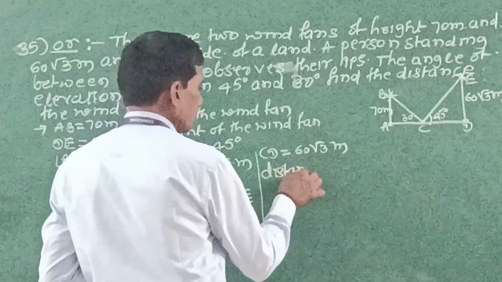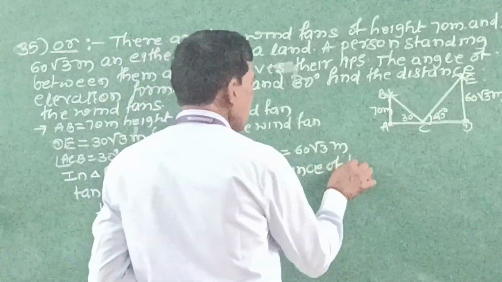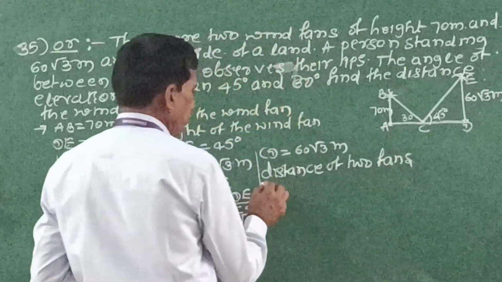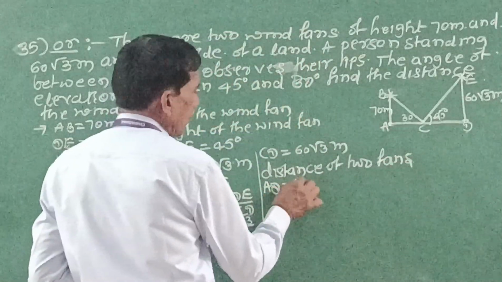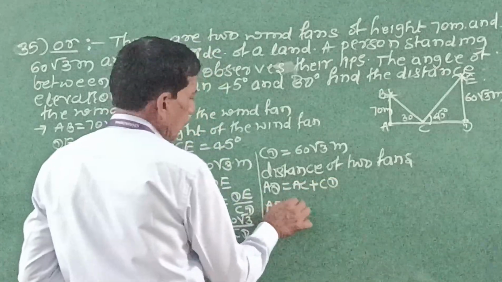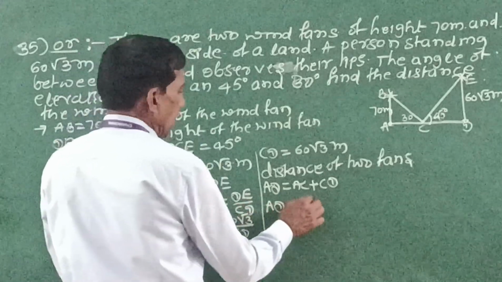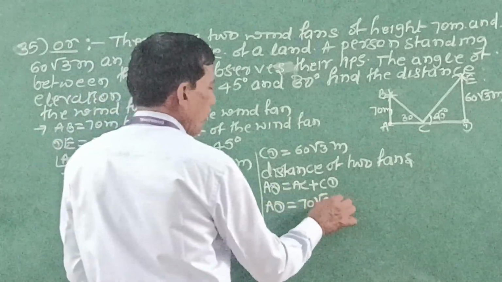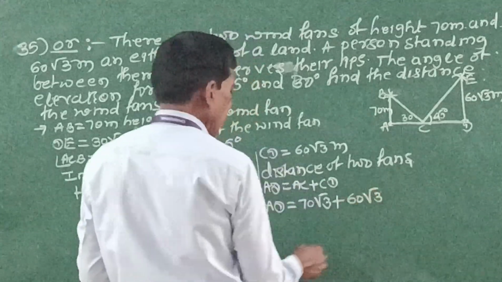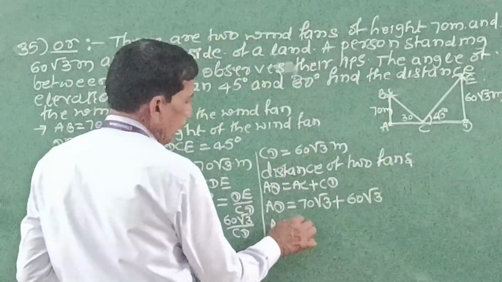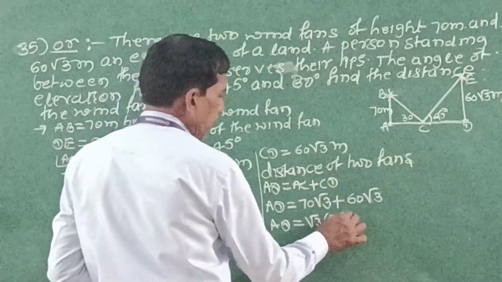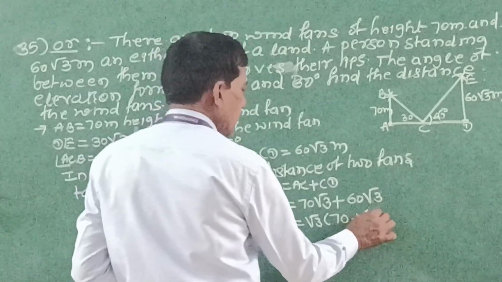Therefore AD equals AC plus CD, which is 70 root 3 meters plus 60 root 3 meters. Taking root 3 as a common factor, AD equals root 3 times (70 plus 60).